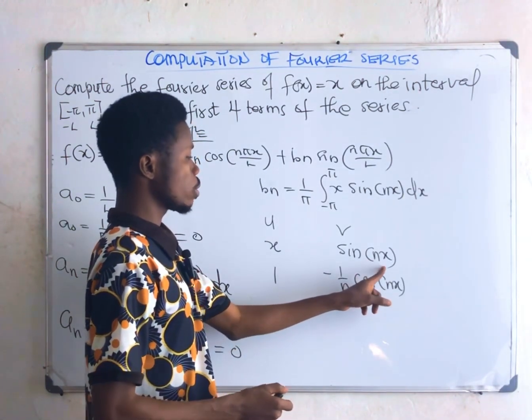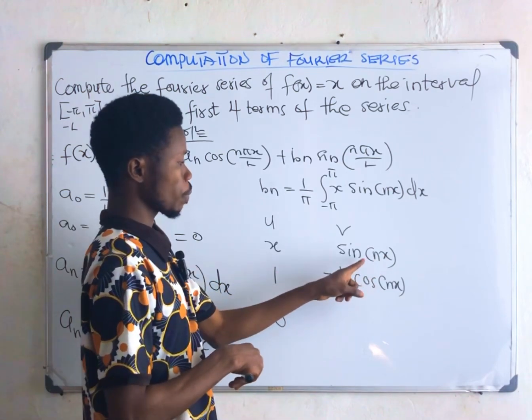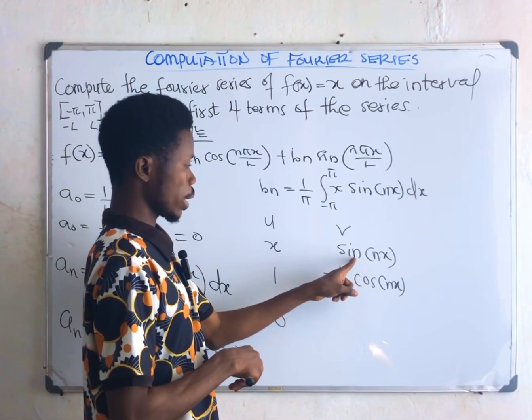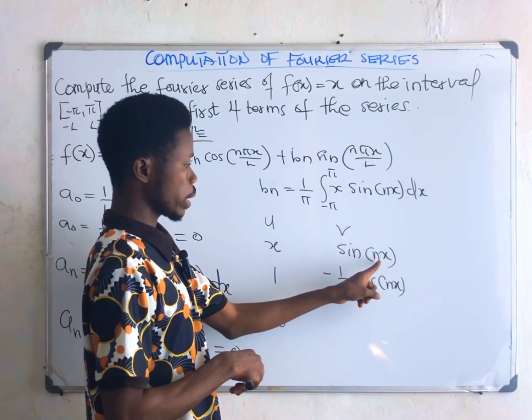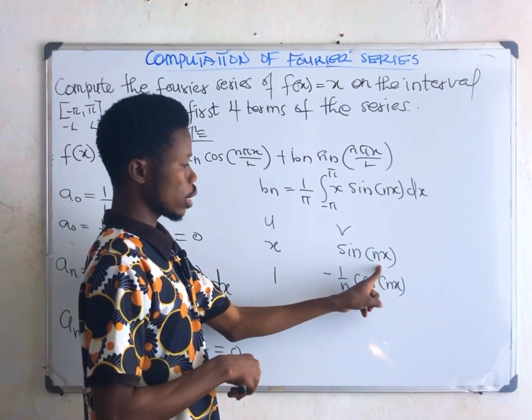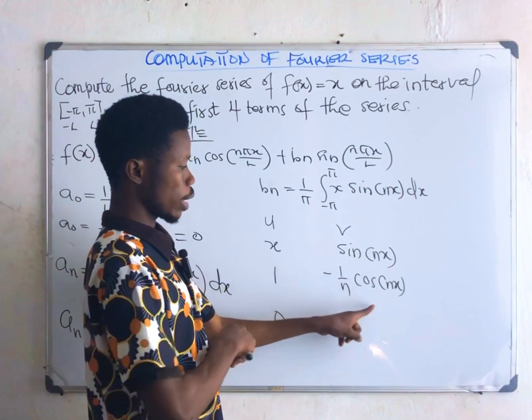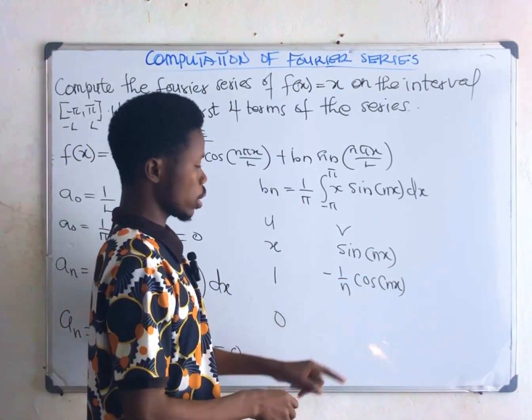Also, when you are integrating it, this is a composite function, so a function in a function, right? So the sine, when you integrate, that gives you the cos. But the inside one here, we differentiate. When you differentiate nx with respect to x, that will give you n, but it's over. That's why you see it like this.